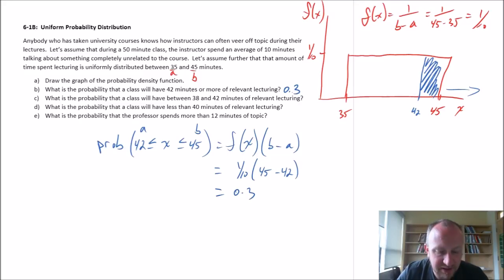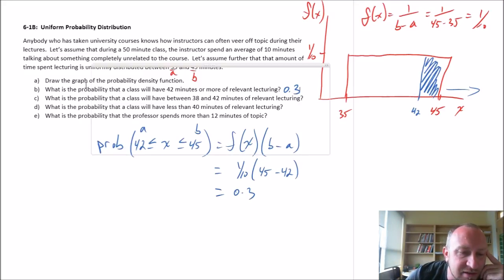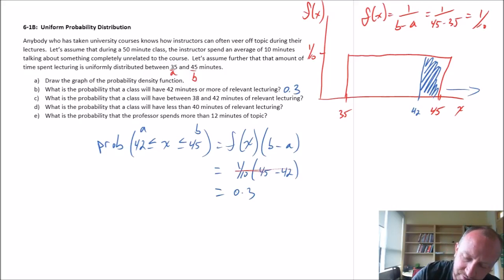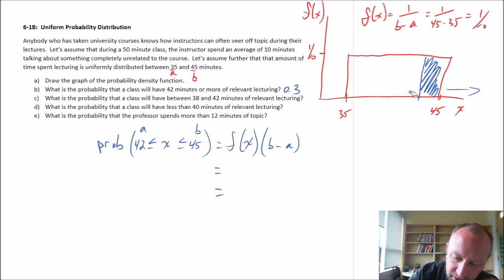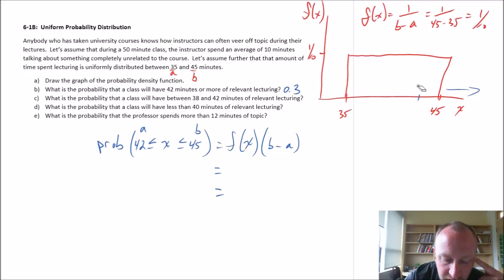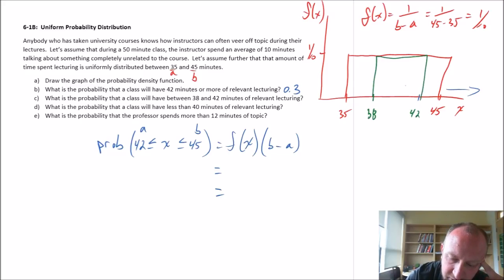What is the probability that the class will have between 38 and 42 minutes? So again, let's erase the irrelevant bits here. Let's call this 38, and here's 42. So now we're looking at this area under the curve.